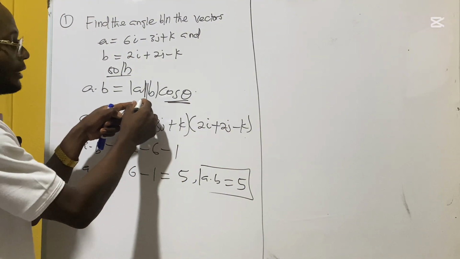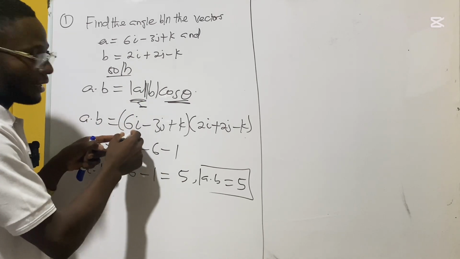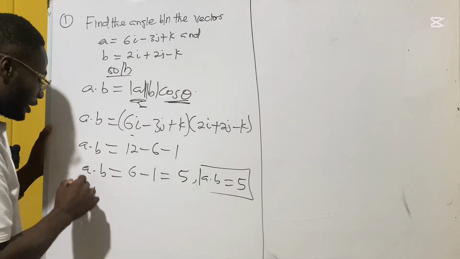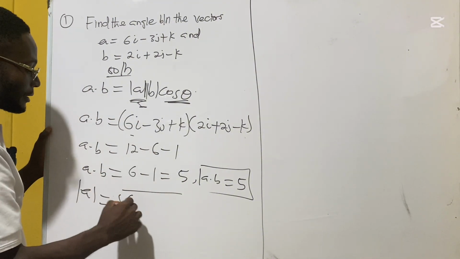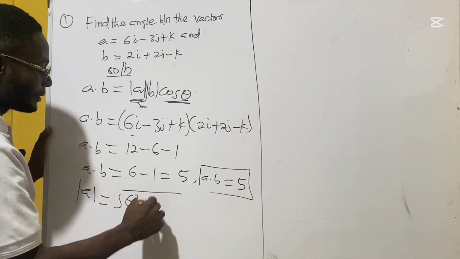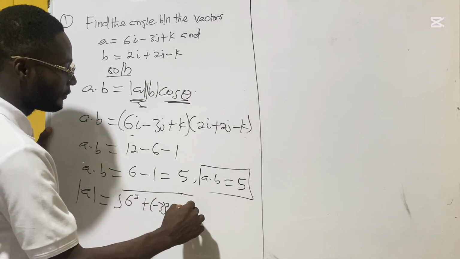Now, what we need next is the magnitude of each vector. So the magnitude of A will be equal to the square root of 6 squared plus negative 3 squared plus positive 1 squared.